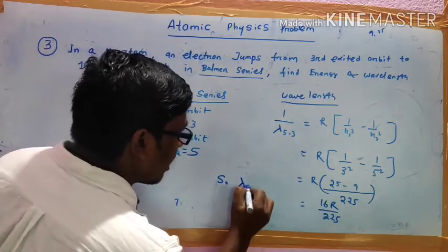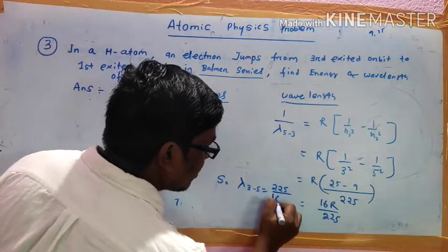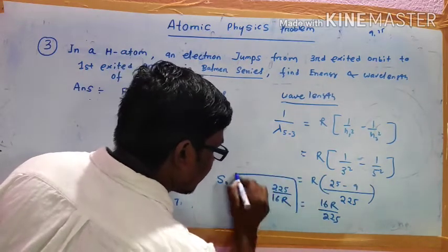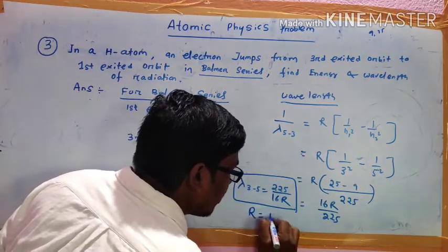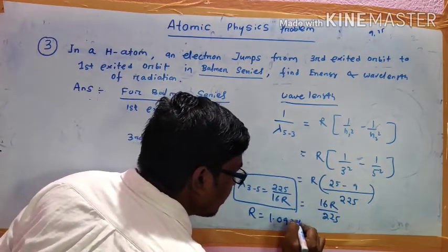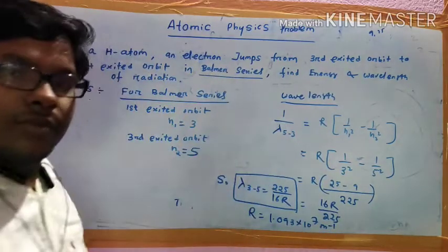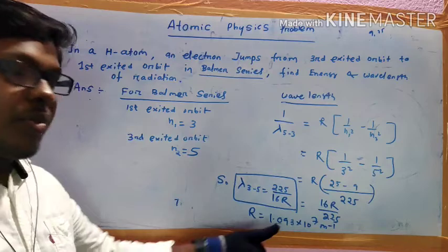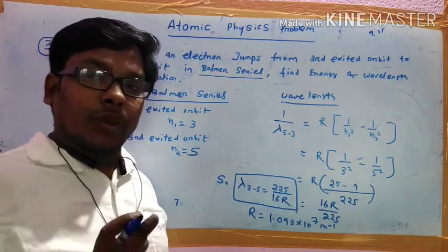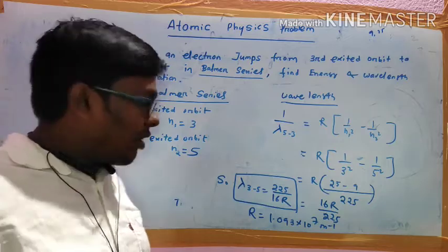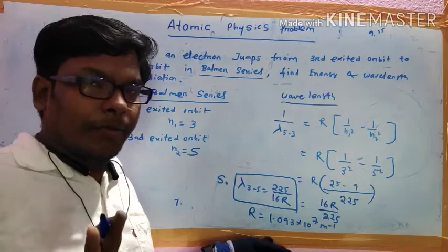So lambda 325 is equal to 225 by 16 R. Here R is 1.093 into 10 to the power 7 meter inverse. By putting this value over here, you will get the answer. Or if you are doing this much for your exam, then it will also be okay.